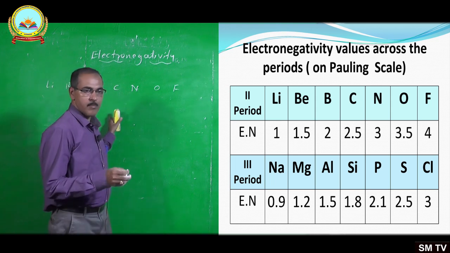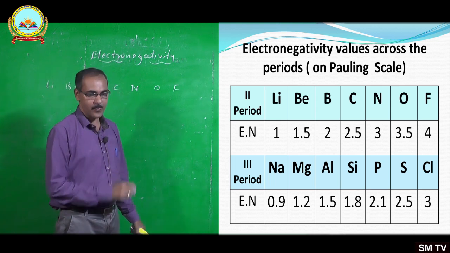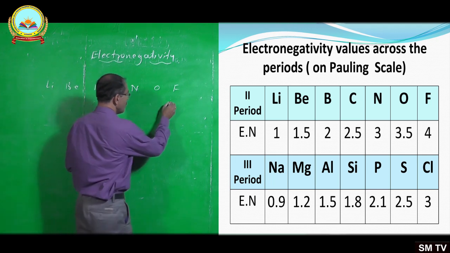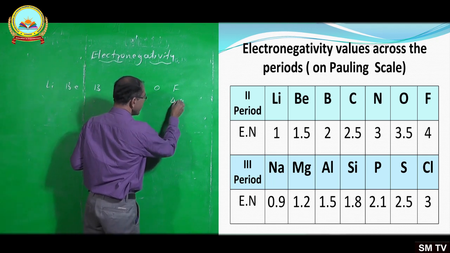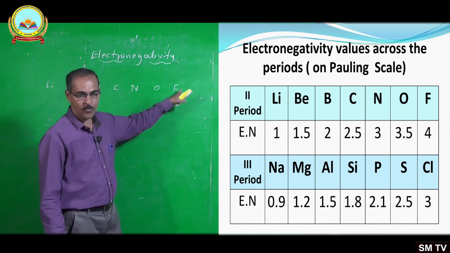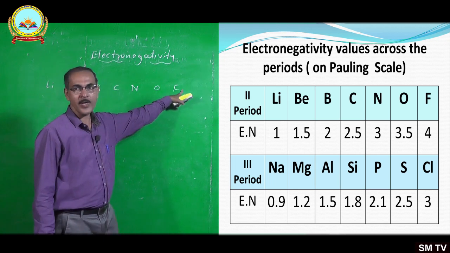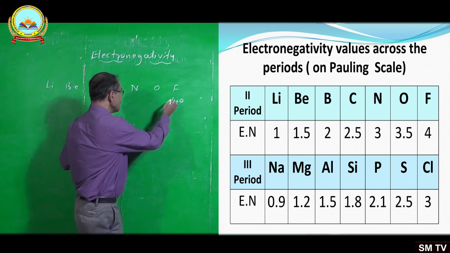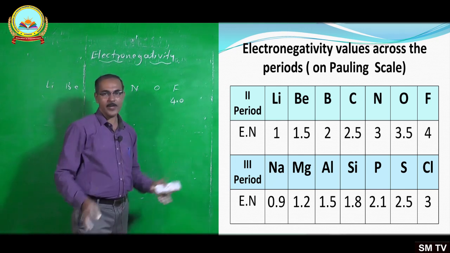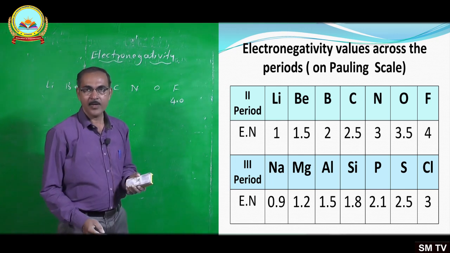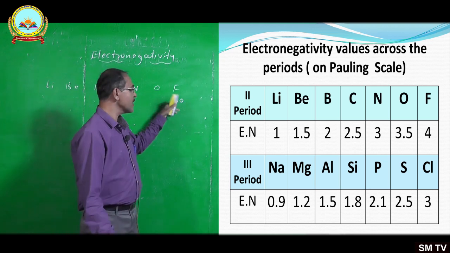The electronegativity value 4.0 is arbitrarily fixed for fluorine by Pauling. It is a relative quantity. There is no unit for electronegativity values.